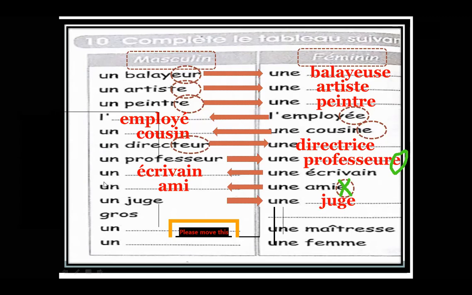All of these that we talked about until now are nouns, but this one is an adjective. Gros, it's an adjective. So this adjective is irregular also.